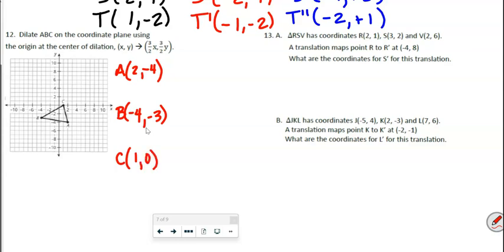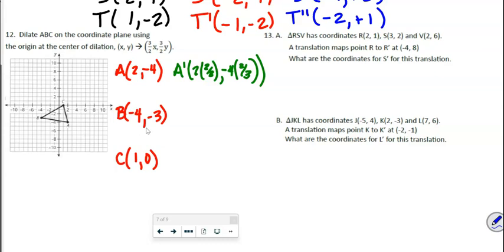Okay, so what we're going to do with this, we're going to multiply 2/3 times, so A prime is going to be 2 times 2/3 comma negative 4 times 2/3, right? Okay, so we're going to do that and we're going to find our A prime.